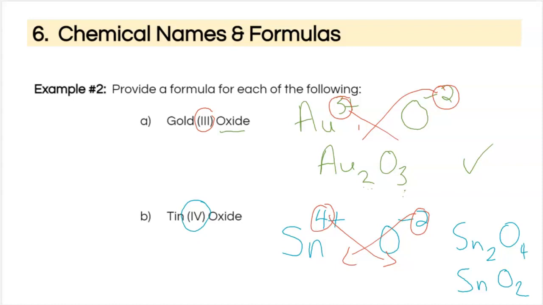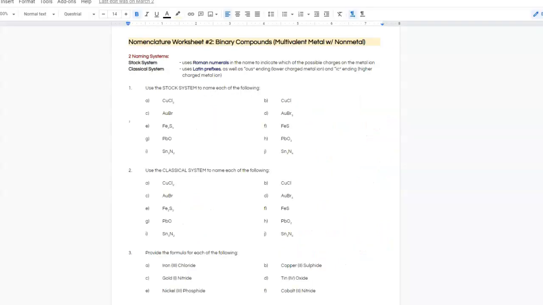So now what I want you to do at this point is to stop the video, and I want you to work on a couple of questions from your worksheet on naming compounds with multivalent metals. I'm going to switch to that screen so you can see exactly what I'm talking about. On our week plan, under this particular lesson on multivalent metals, you're going to find this worksheet, and I want you to work first right now.